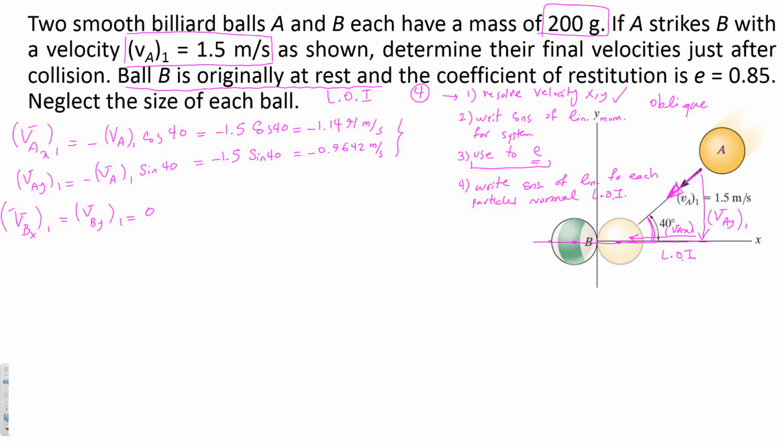The second step is to write the conservation of linear momentum for the system. The system has 2 particles, so MA VA. Which velocity do we have here? This is the velocity along the line of impact, so you need to write this equation along the line of impact.